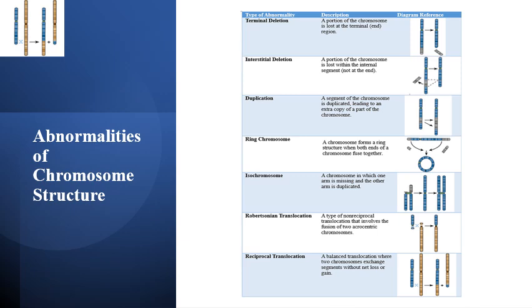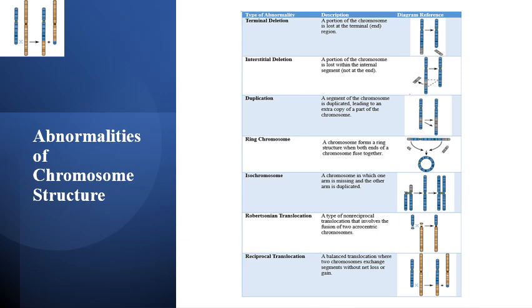Duplication, which can also be terminal or interstitial, is where a segment is copied, resulting in extra genetic material. A ring chromosome is when the ends or the tips of your chromosome, the terminal ends, are deleted and then they fuse together and form a ring structure. Those are usually quite unstable and break apart in cells, so they're usually mosaic in nature.